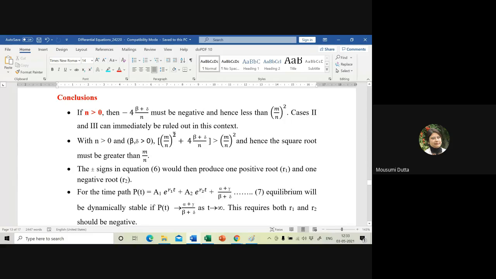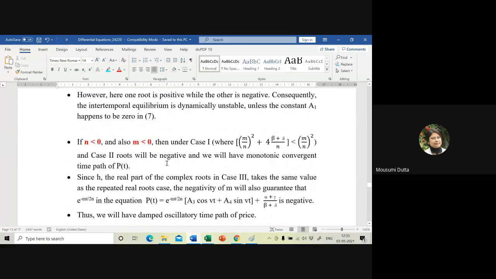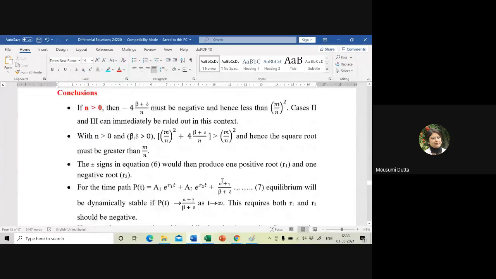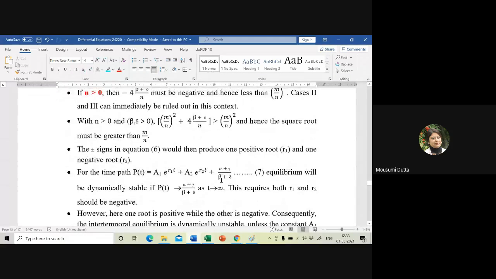I hope all these points will be understandable to all of you. If n is positive, along with that these are positive, in that case whether we will go towards convergence or not, or if both the factors are negative, then what will happen, etc. So all these things are there. Please check these things.